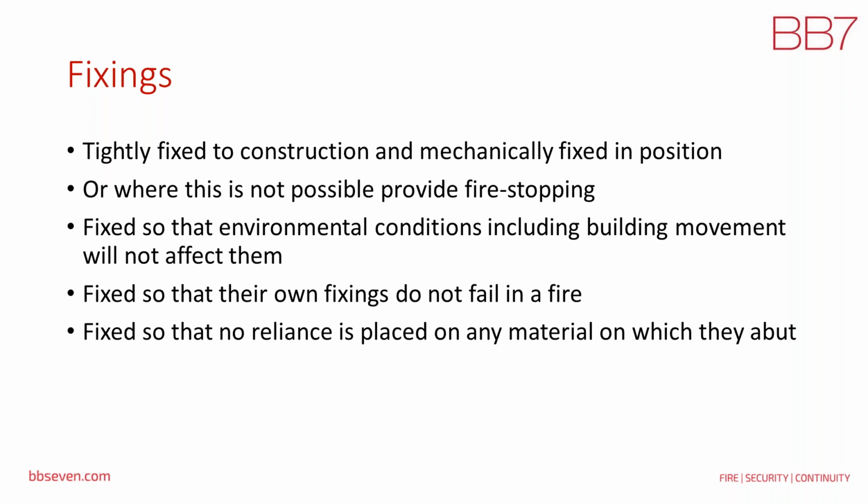You could say that if it falls off, you haven't got a cavity, which is true in itself, but this is in the guidance, and therefore we should pay attention to it.